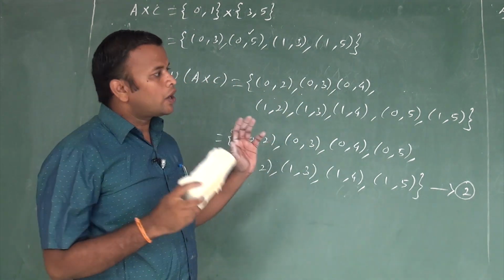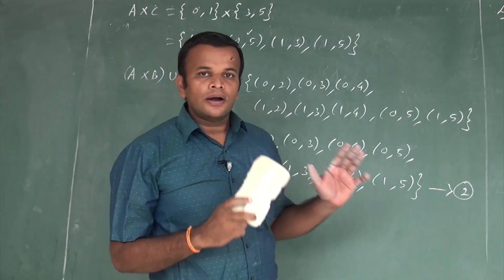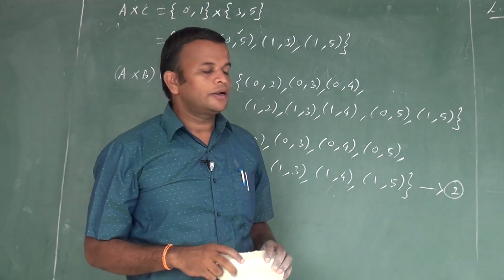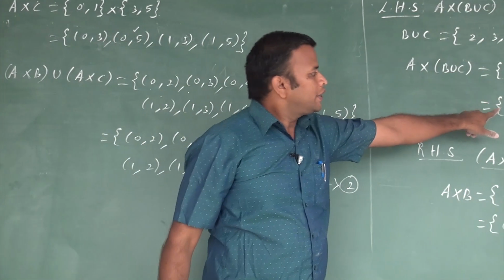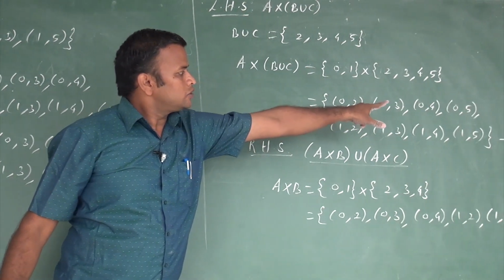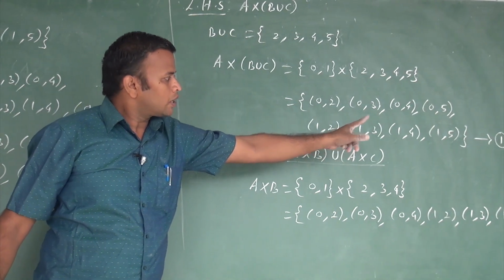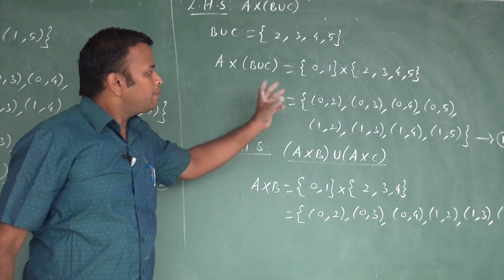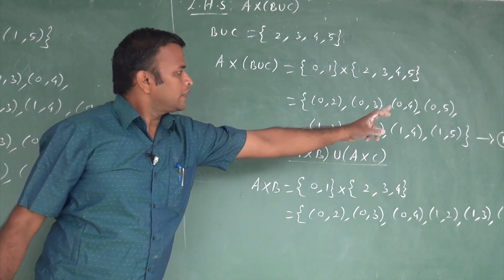Now we see that 1 and 2 both have the same ordered pairs and an equal number of them. In 1, the elements are 0 comma 2, 0 comma 3, 0 comma 4, 0 comma 5, 1 comma 2, 1 comma 3, 1 comma 4, 1 comma 5. How many ordered pairs are there? 1, 2, 3, 4, 5, 6, 7, 8.